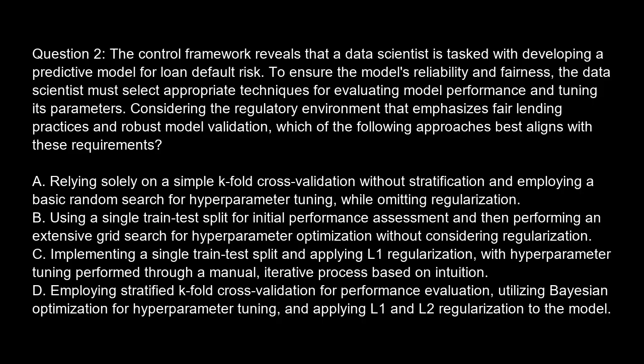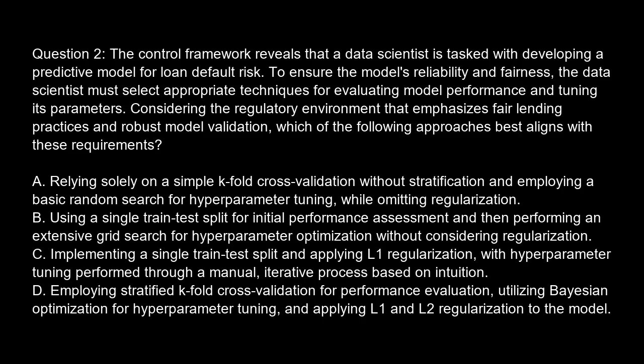Option A. Relying solely on a simple k-fold cross-validation without stratification and employing a basic random search for hyperparameter tuning while omitting regularization. Option B. Using a single train test split for initial performance assessment and then performing an extensive grid search for hyperparameter optimization without considering regularization.